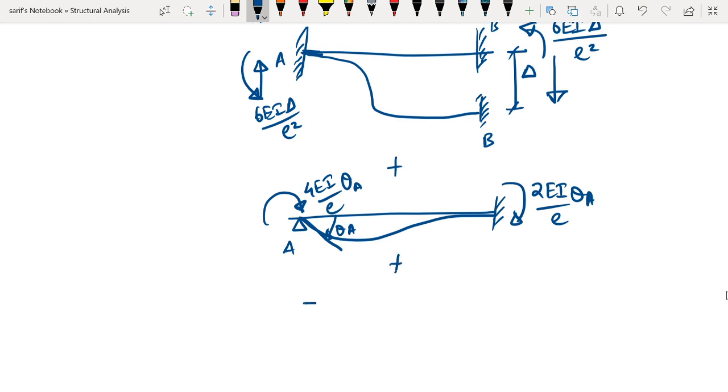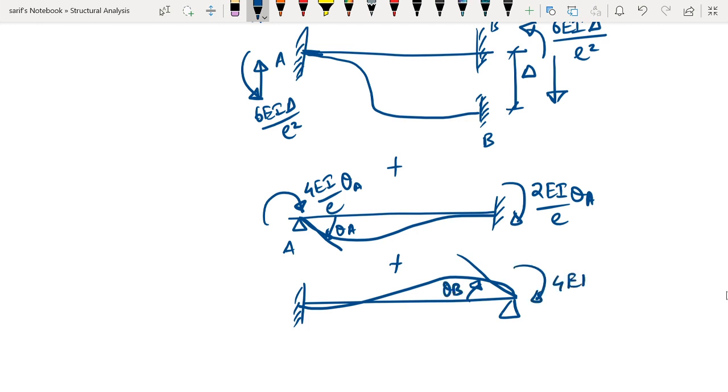Next thing is, you have to introduce the rotation at B. So you are again going to introduce a clockwise rotation. This is 4 EI by L into theta B, and the carryover moment is half of that, 2 EI by L into theta B. Now if you add all this, you will get the initial beam that we started with.